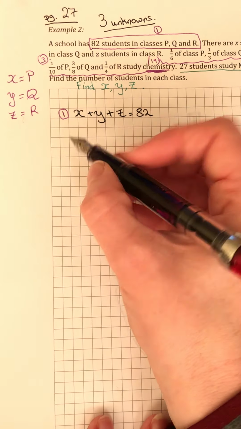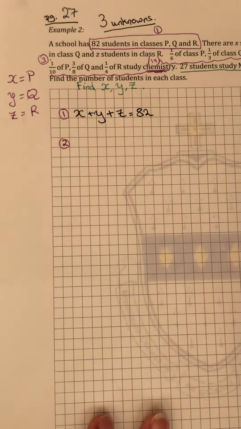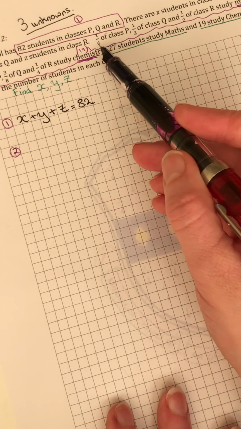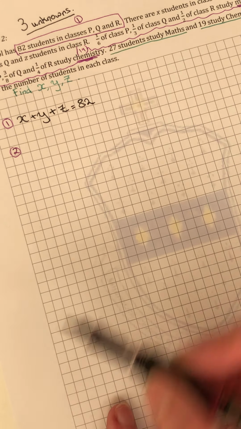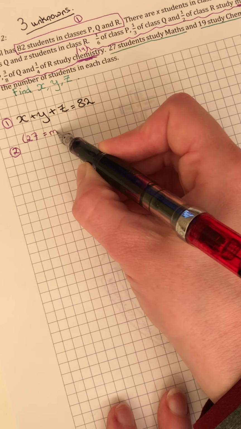The second piece of information is using the fact that there are 27 students studying maths, and the different fractions of each of those will add up to 27. So 27 study maths.